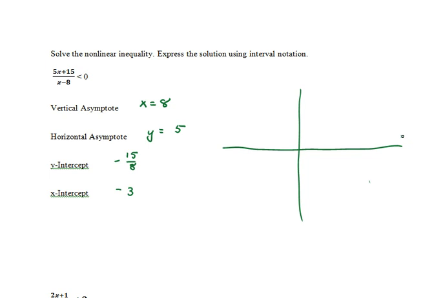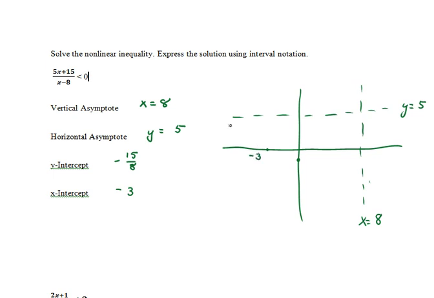So we're going to draw the vertical line x equals 8, the horizontal line y equals 5, the y-intercept at negative 15/8, and the x-intercept at negative 3.